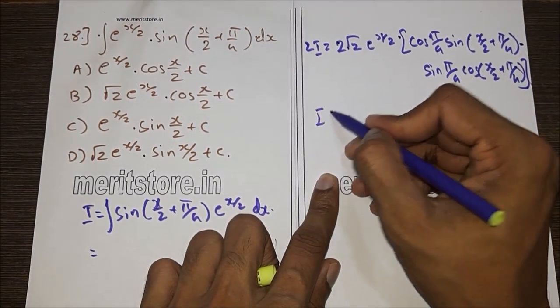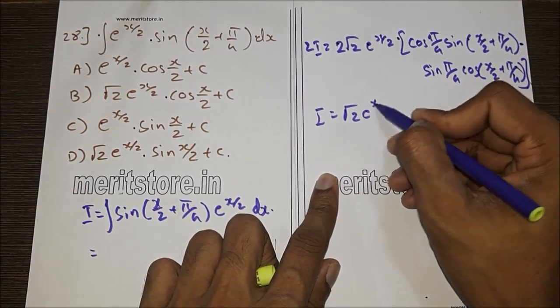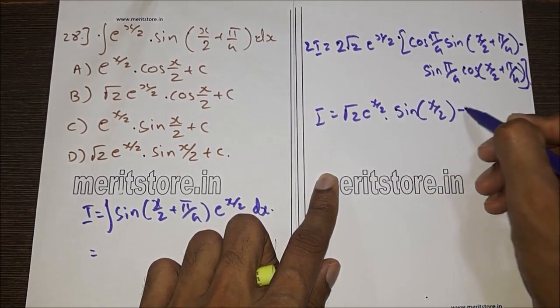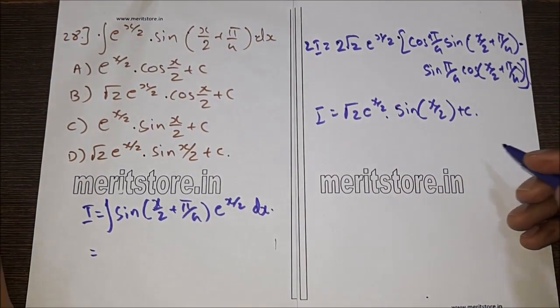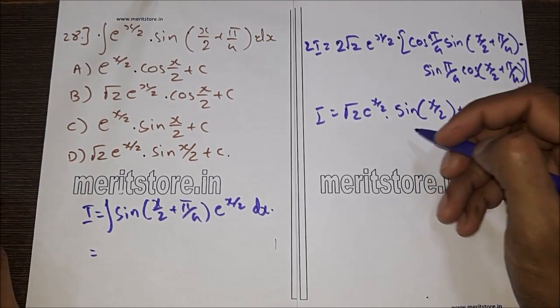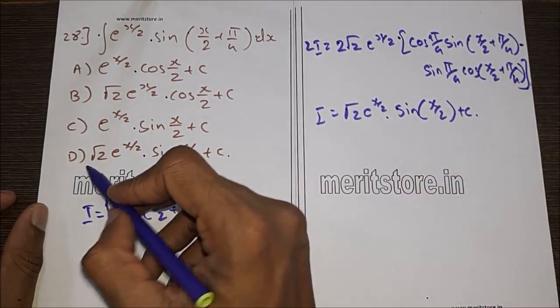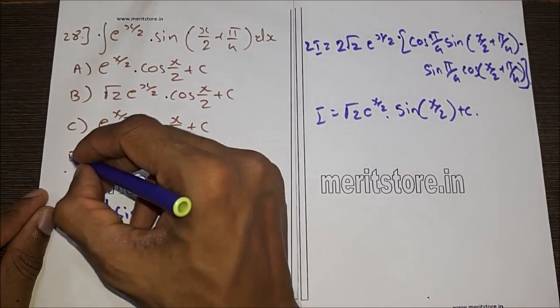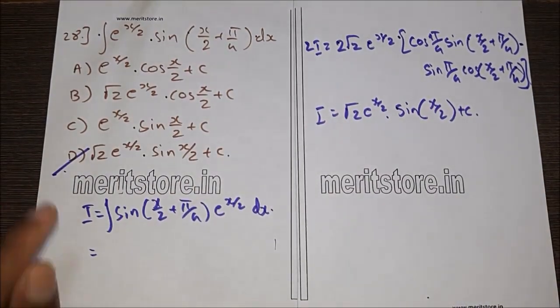This can be written as I equal to root 2 e raised to x by 2 into sin(x/2) plus c. If we see, our answer matches with option D, that is root 2 e raised to x by 2 sin(x/2) plus c. Therefore option D is the correct answer.